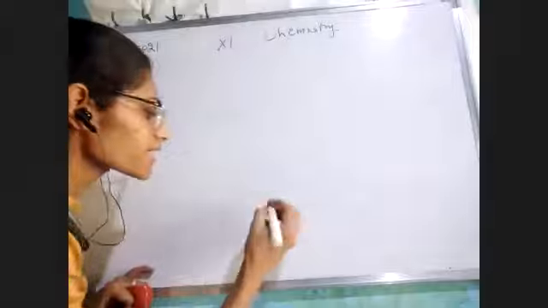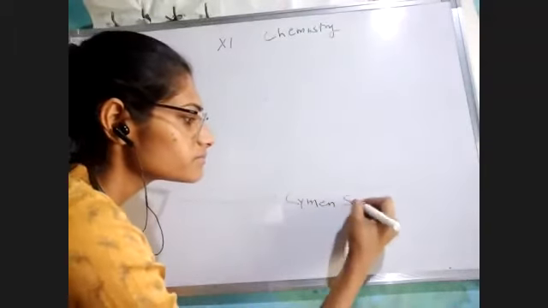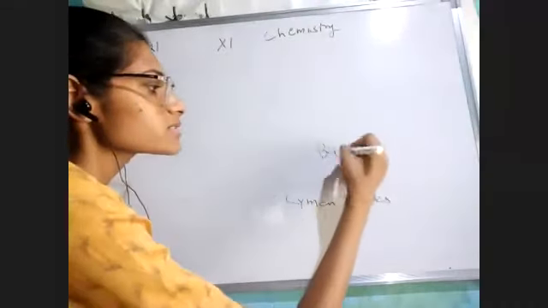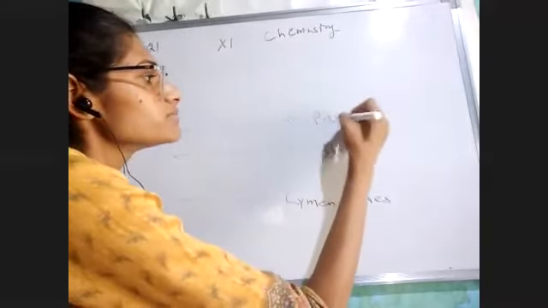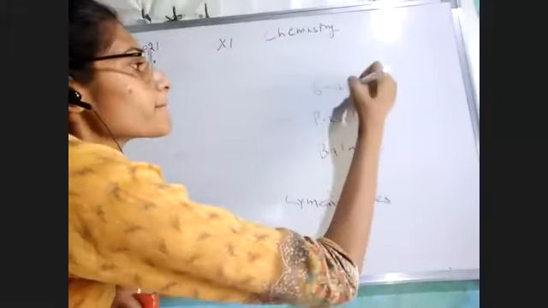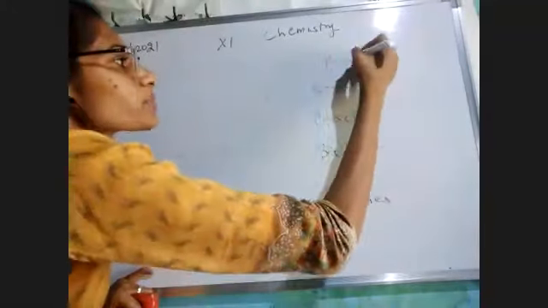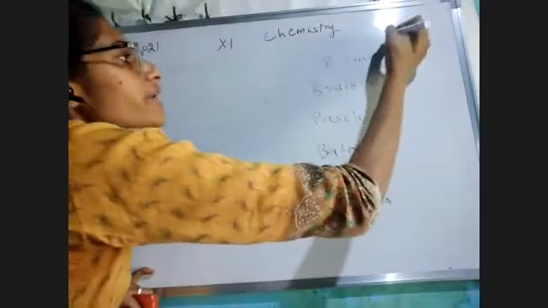The first one is Lyman series. The second one is Balmer series. Then Paschen, then Brackett. These are all names of scientists. The last one is Pfund, and above all is infinity.